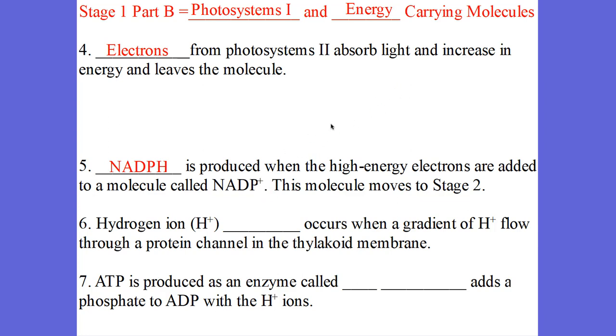So you can see as the NADP+ is coming from stage 2, that NADP+ is gaining the H+, it's also gaining electrons as well. And the H+ diffuses. We have diffusion occurring when a gradient of H+ flows through a protein channel in the thylakoid membrane. And what do we get? ATP is produced when an enzyme called ATP synthase, you read an article about ATP synthase, adds a phosphate to ADP with the H plus ions, and so that is called ATP.